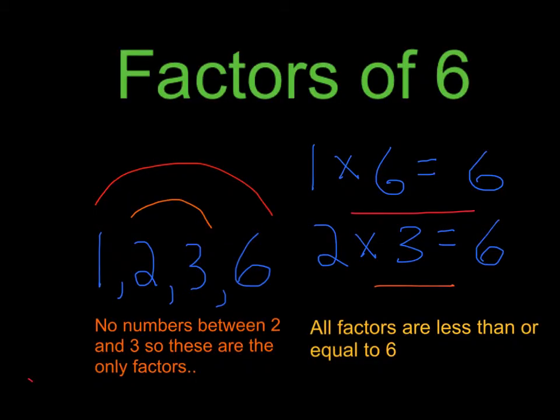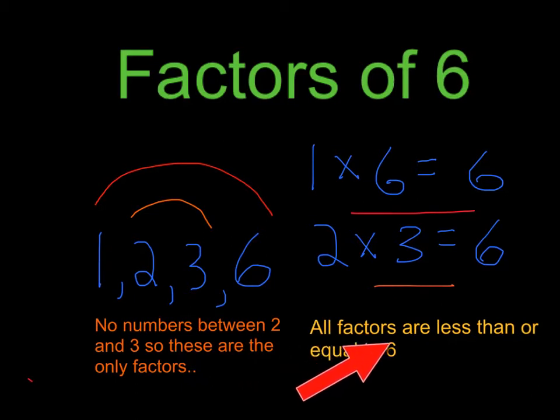Here is an example of the factors of 6. We have 1, 2, 3, and 6. There are 4 factors altogether of 6. We know this because there's no numbers between 2 and 3 left, so these are the only factors.